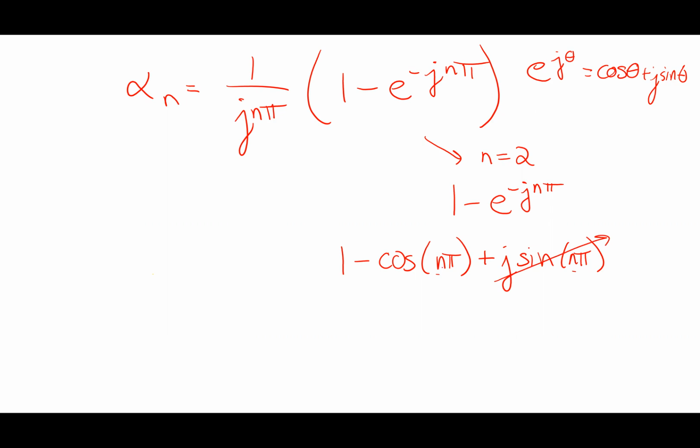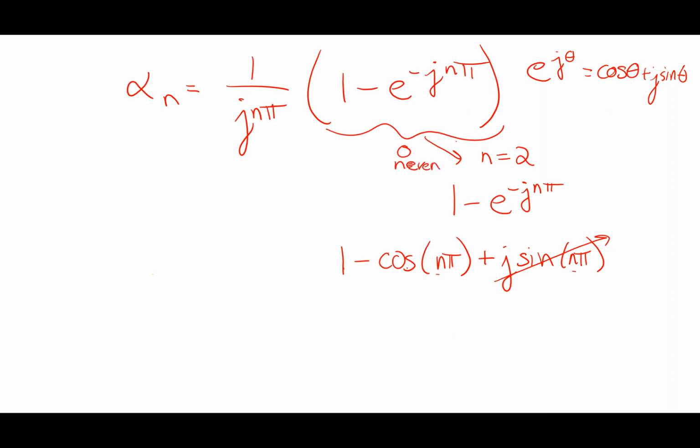And if I plugged in n equal to 2, what's cosine of 2 pi? It's 1. So I'd have 1 minus 1. What happens if it was 4 pi? What's the cosine of 4 pi? 1. Cosine of 6 pi? So basically this term right here would become 0 for n even.